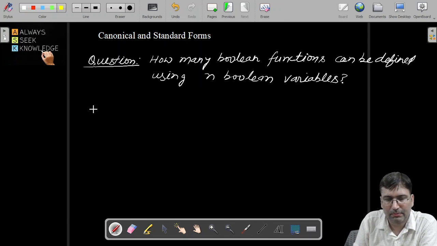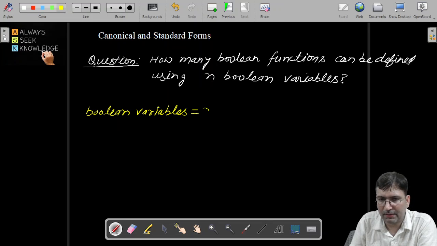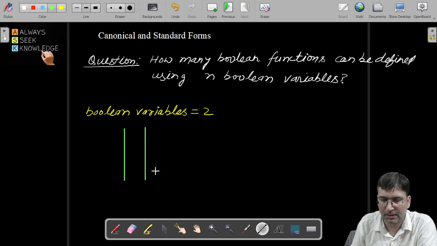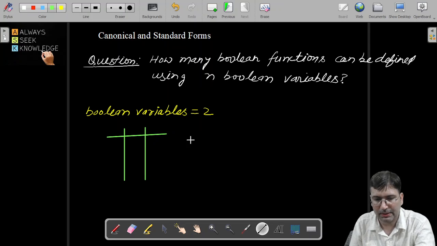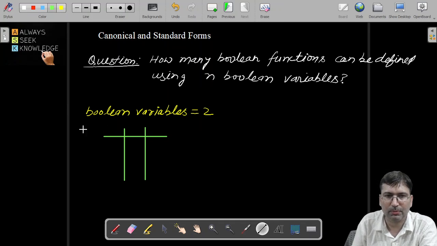So let's say I'm considering Boolean variables are given as 2. Now if there are 2 Boolean variables, there will be possibly 4 combinations which we may have in case we draw the truth table, right?